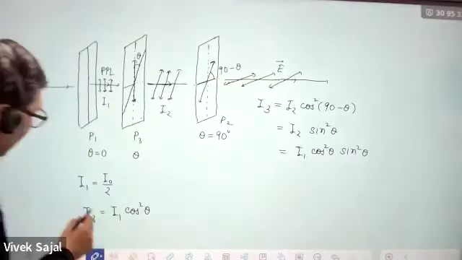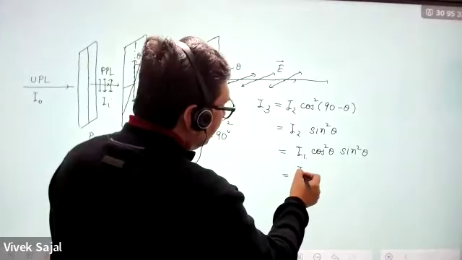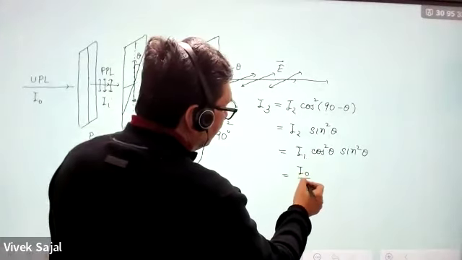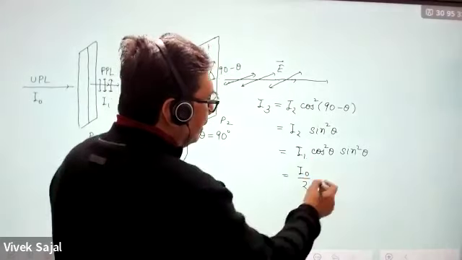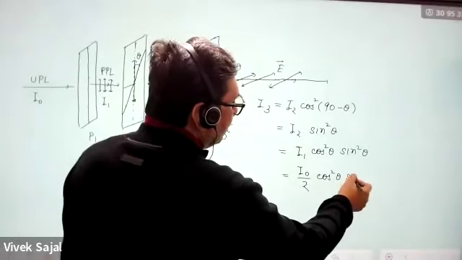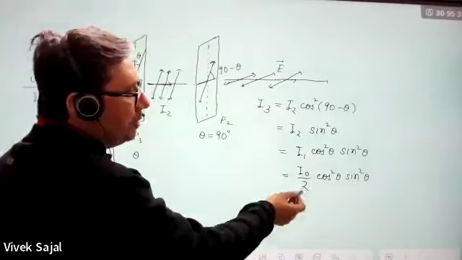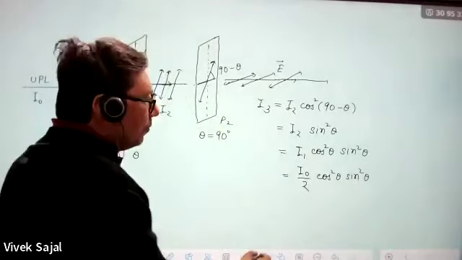Now place I1. I1 is I naught by 2. So this will be I naught by 2 times cos square theta sine square theta. Now multiply numerator and denominator by 4.